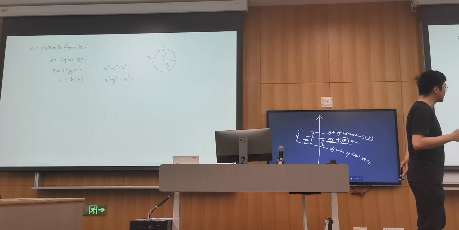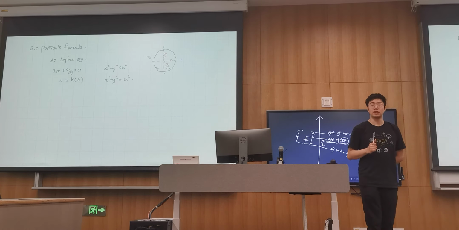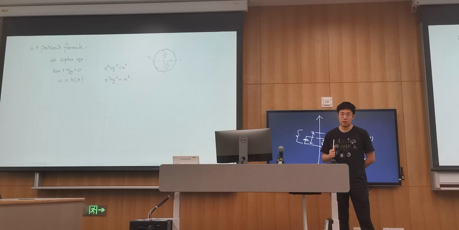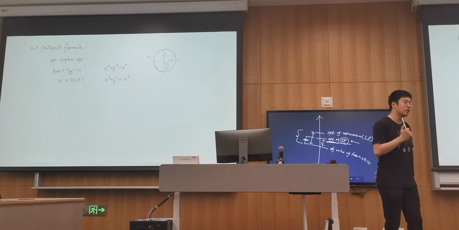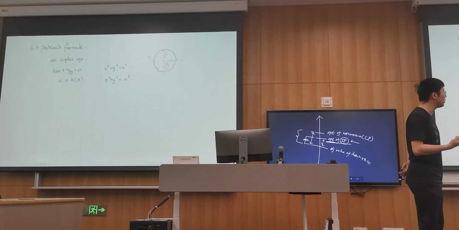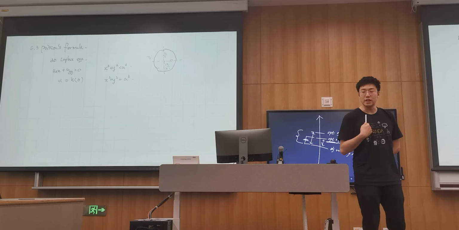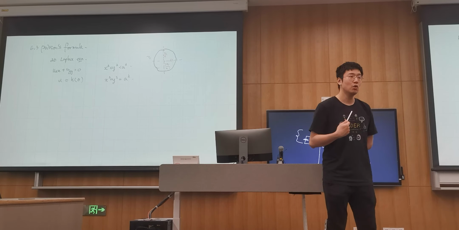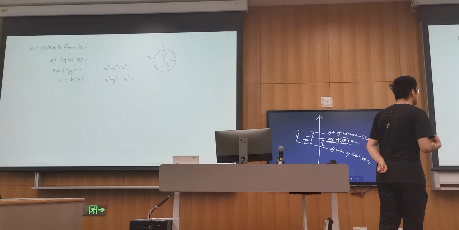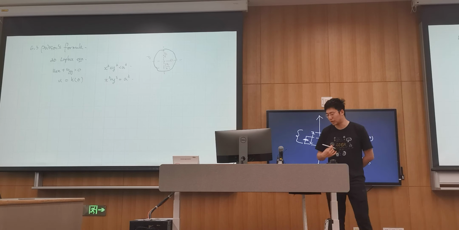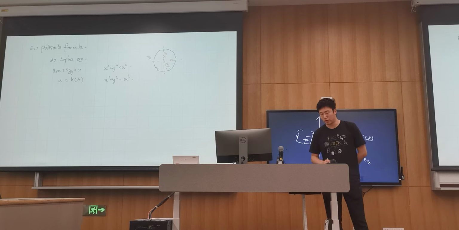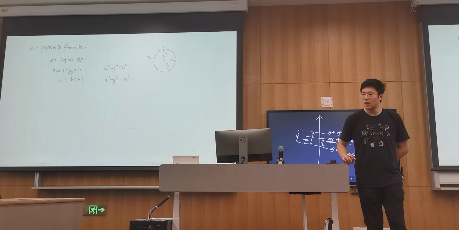So far there's no guarantee that we will have a solution. But of course, after we solve this equation, we're going to find that indeed there exists a solution, which is called the Poisson's formula, in the case of a predetermined circle.